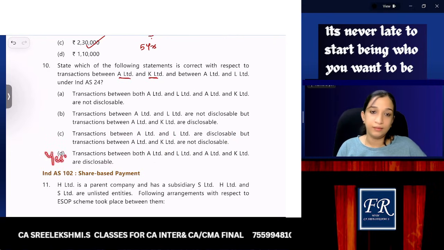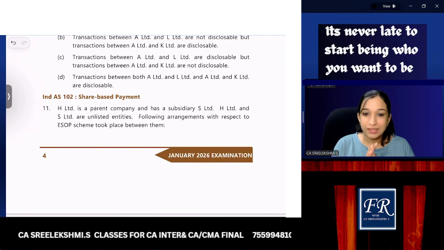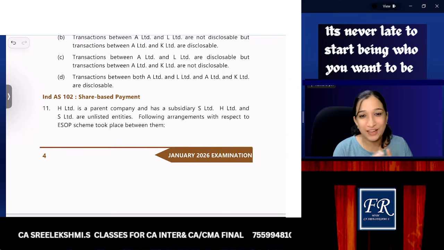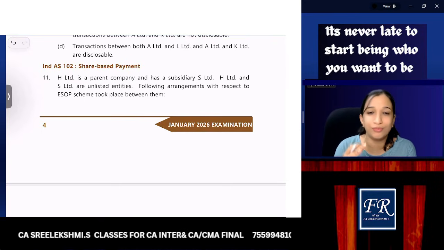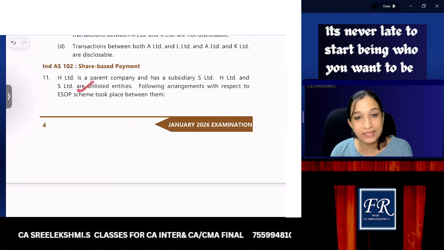Okay. So the next question is in Ind AS 102 share-based payments, and I'll say this question is the superstar in this entire RTP. This type of question you have not done before, totally new type of question. So H Limited is a parent company and has a subsidiary S Limited. H and S are unlisted entities.